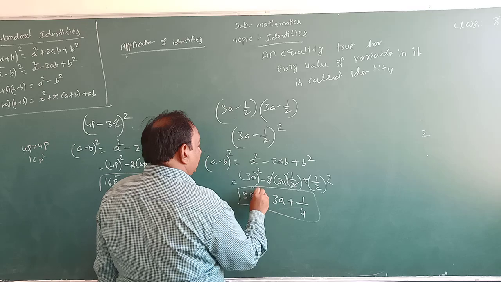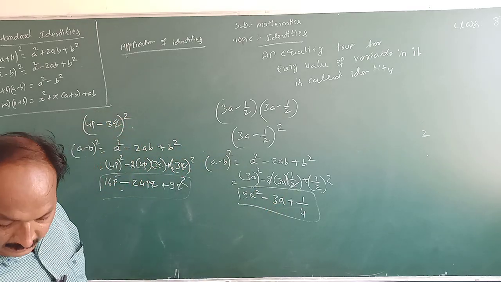So 9a square minus 3a plus 1/4. Next problem.